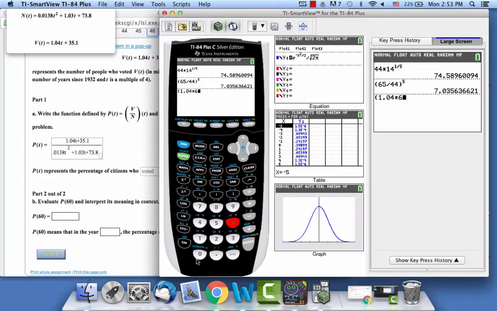1.04 times 60 plus 35.1 divided by, so 0.526.